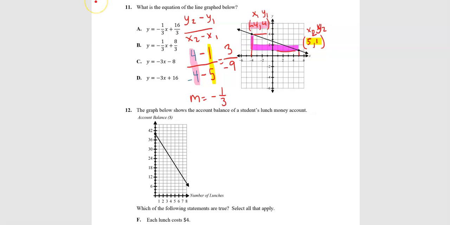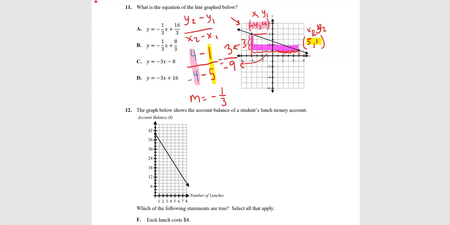Because these are going by ones, I would get 1, 2, 3 as my rise. And if I count down here, you're going to get 1, 2, 3, 4, 5, 6, 7, 8, 9. This is a 9. The reason I know it's negative is because the slope of my line is going down from left to right. So those are two different ways to find slope.